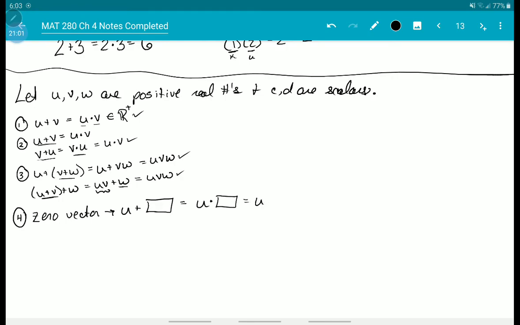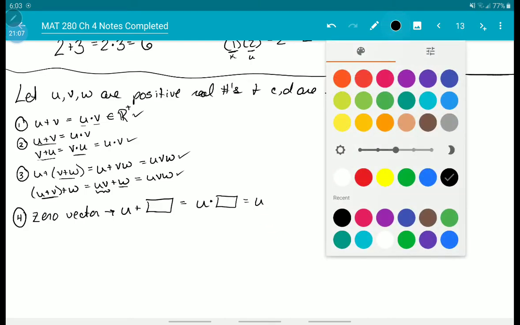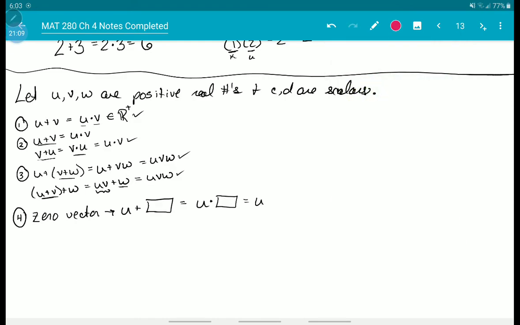So what would our 0 have to be in order to get this number back? Well, we know our 0 would actually have to be 1. So if I take u and I add 1 to it, that in this world is the same thing as u times 1, which is u. So we have a 0 vector, but it's not 0.